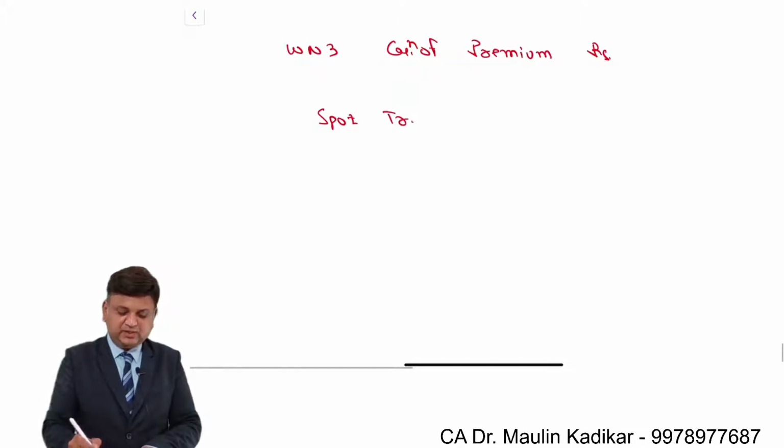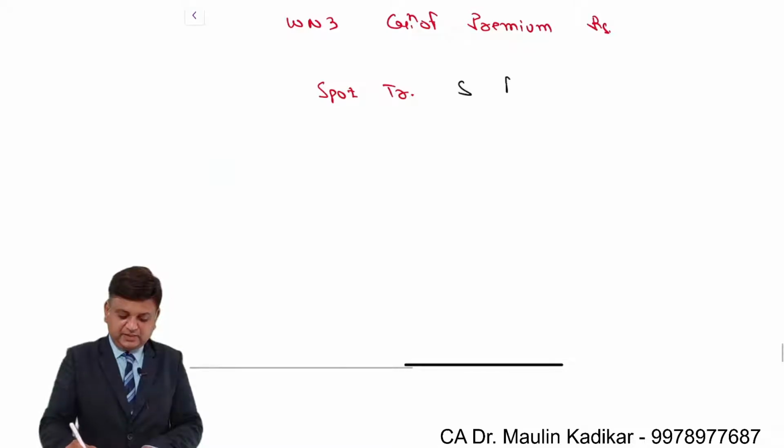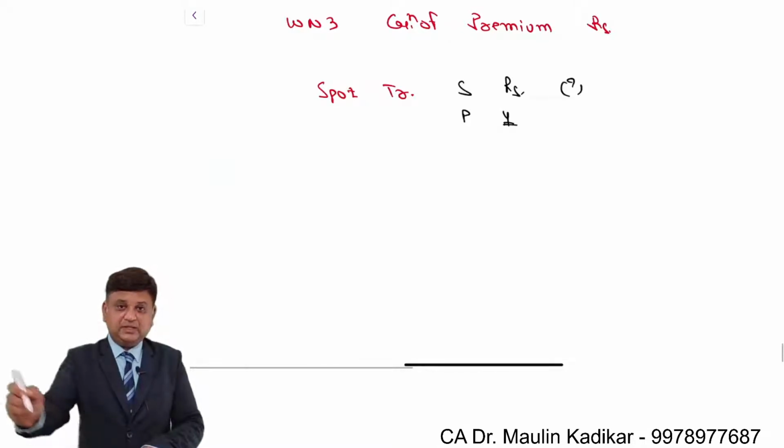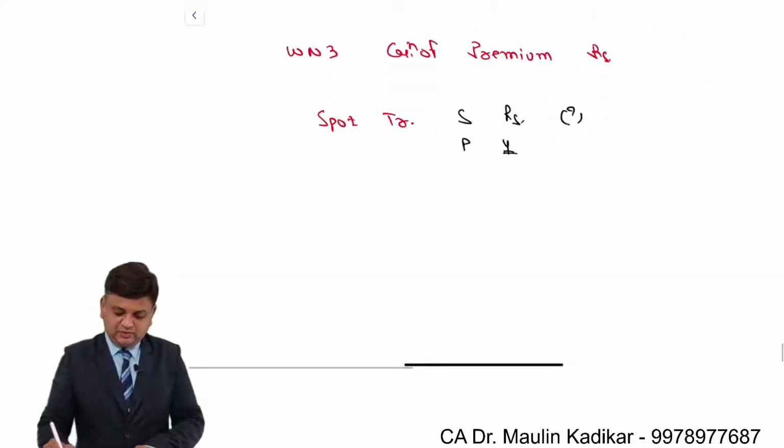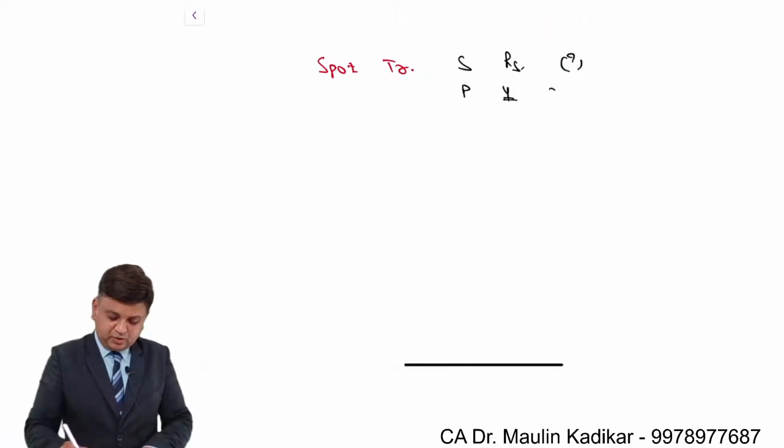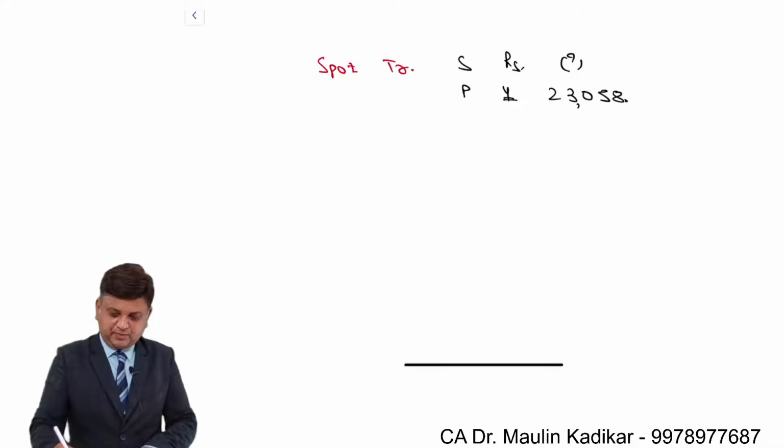For that, a spot transaction is entered upon. It is sell of rupees and purchase of yen. This is the amount of rupees to be sold for purchasing 23058.82 yen.